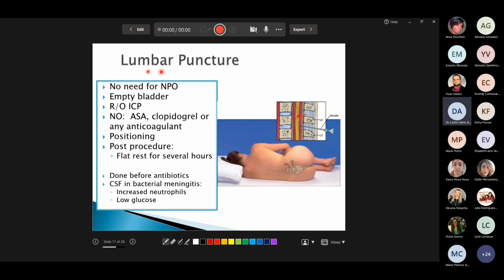If the person is going to have the lumbar tap because meningitis is suspected, it needs to be done as soon as possible. Why?